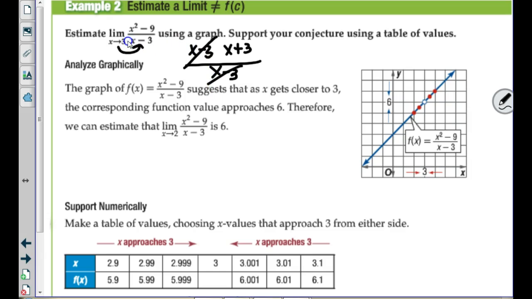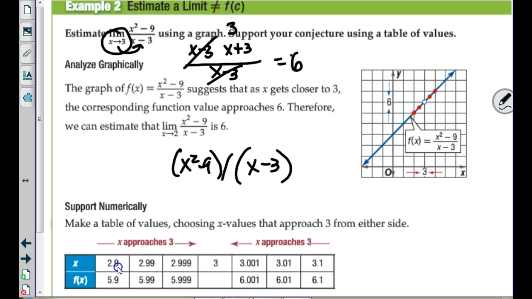We canceled those and then we put the 3 back in. So even though we've canceled this out, it wants the limit at 3, so we put the 3 back in and we get 6. If we graphed this, we typed in x squared minus 9 divided by x minus 3, and we put in values as we get closer and closer to 3 from below, it gets close to 6. As we get closer and closer to 3 from above, it gets closer to 6. So there is a limit at 6, even though there's a hole there, because both sides are approaching the same y value.